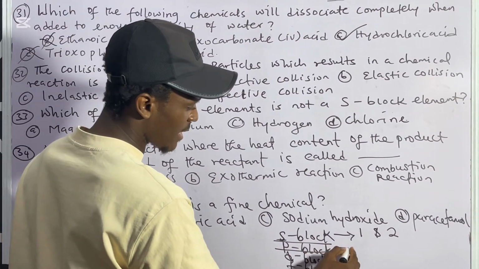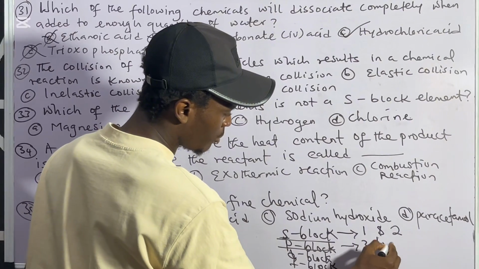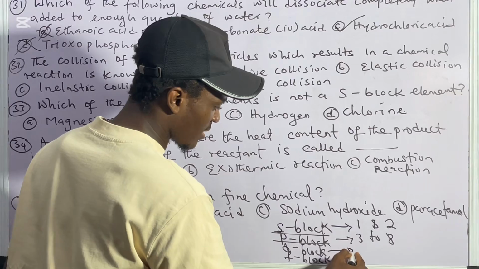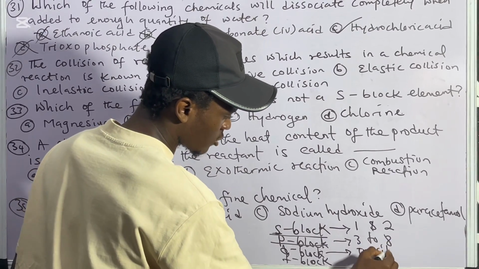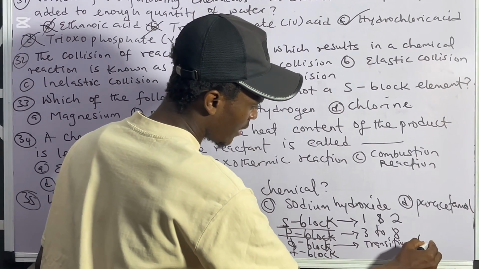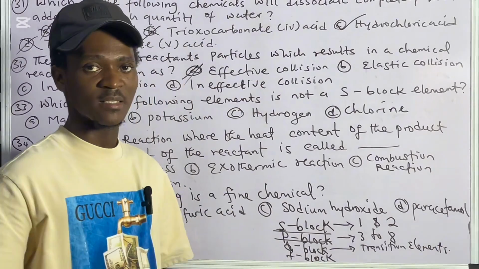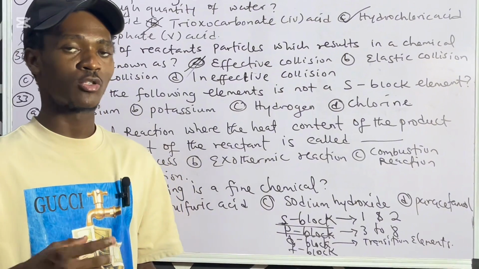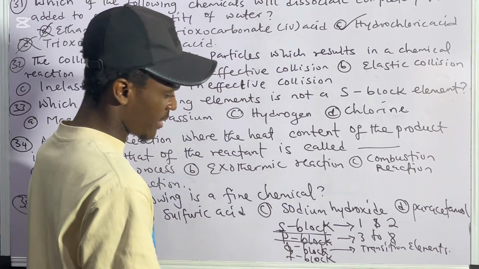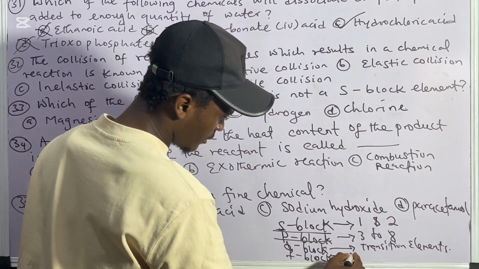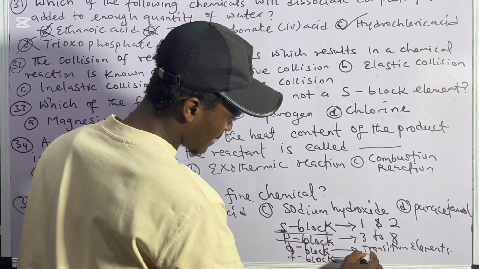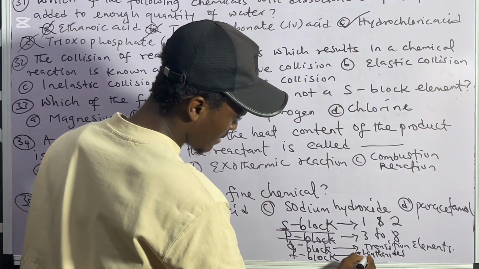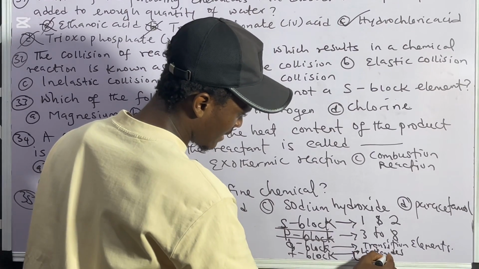Then P-block elements are from group 3 to group 8. Then D-block elements are transition elements. You must know your transition elements from the 21st to the 30th elements, which are classical examples of transition elements, from scandium all through to zinc. Then the F-block elements are known as the lanthanides and the actinides, the lanthanide and actinide series.